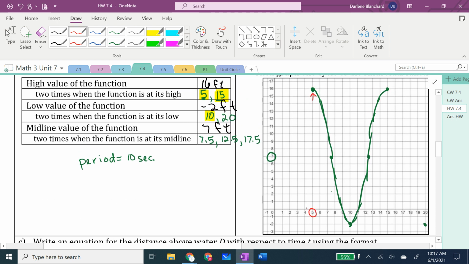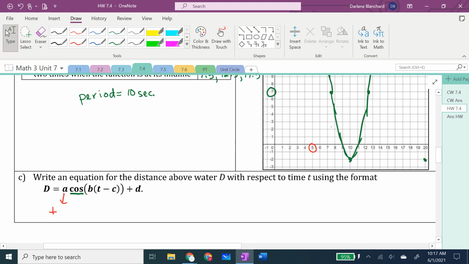And that time is 5 seconds in. My time that I begin my cosine cycle is my C. D is the midline. A is the amplitude.